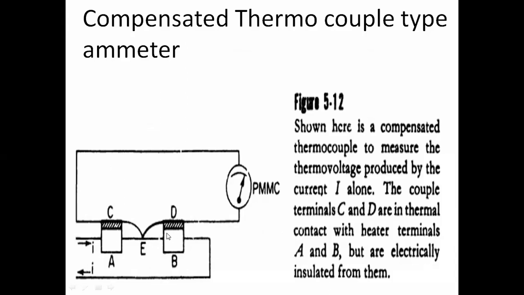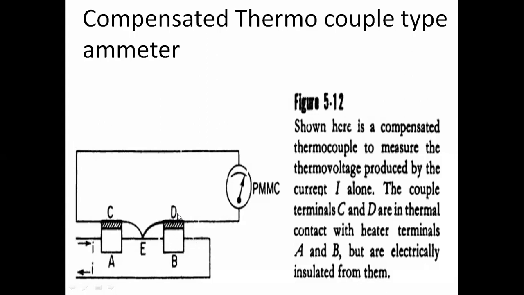So if there is any variation in the atmospheric temperature, that will be reflected here as well. The same thermal effect will affect here. Suppose when the current is flowing here, heat will be generated.